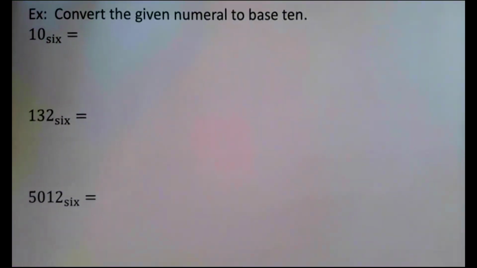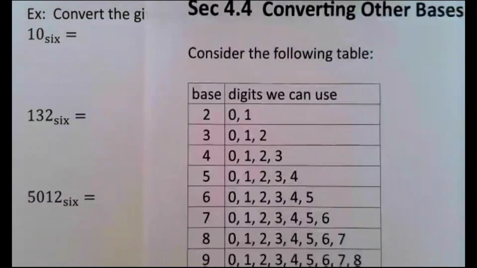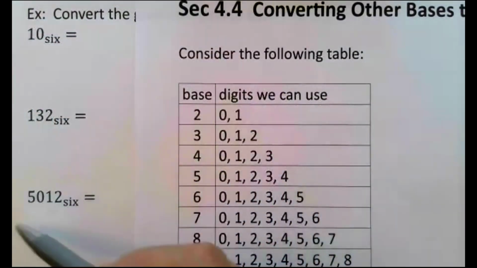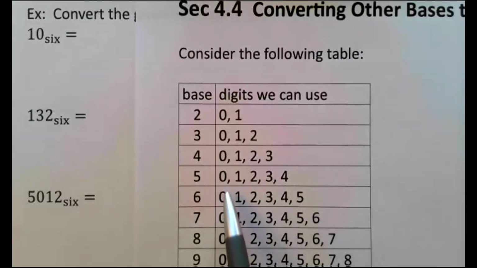Converting some numbers into base 10, but now we are looking at some base 6 numbers. In base 6 number system, we only are allowed to use these characters 0 through 5. You will notice that all of these only have 0s through 5s. They don't have anything else.